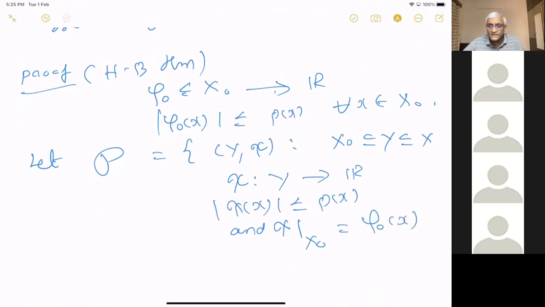So we consider all extensions. So this is not empty.